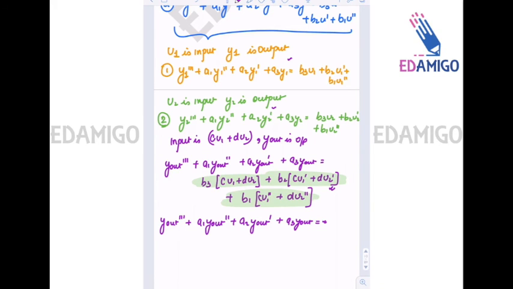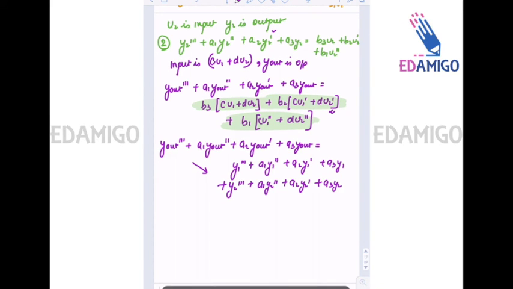So it is equal to Y1''' + A1 Y1'' + A2 Y1' + A3 Y1 plus Y2''' + A1 Y2'' + A2 Y2' + A3 Y2.